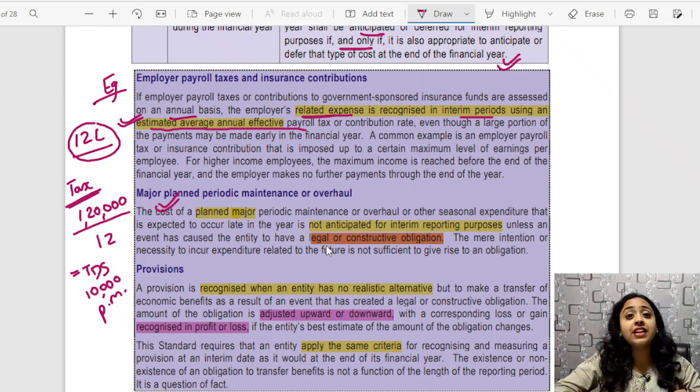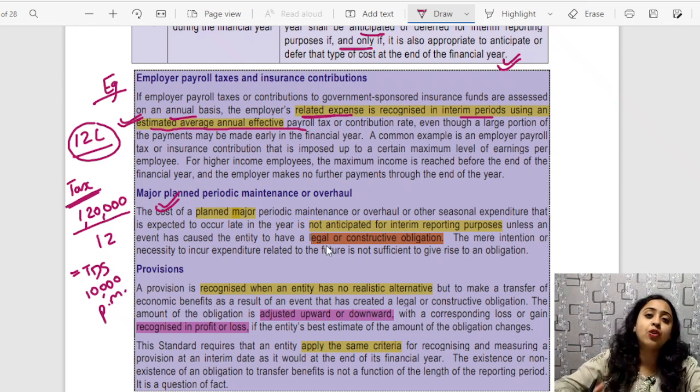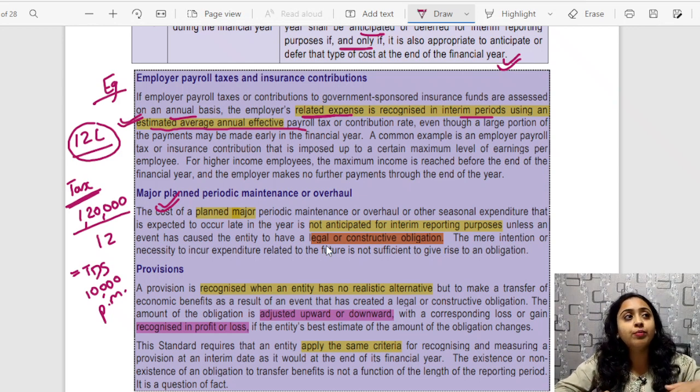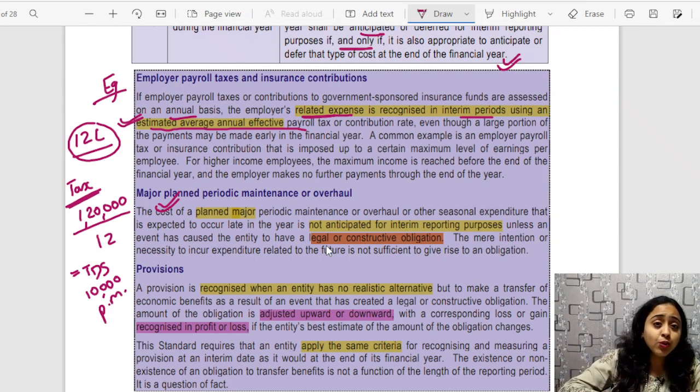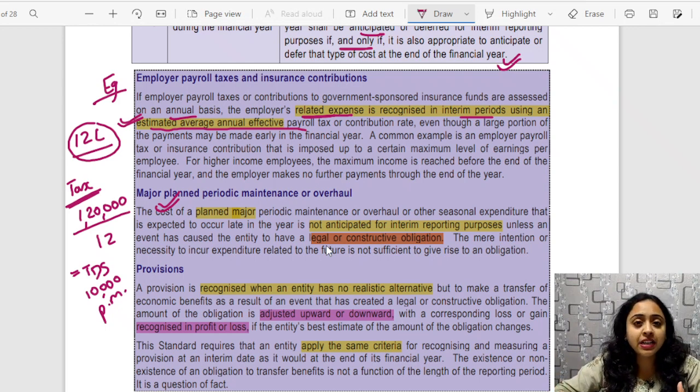Other than this, if an AMC contract, that is an annual maintenance contract, has been done, then it will be distributed throughout the year. Okay, if an AMC has been signed, that for the year you will be coming every month and checking, and the amount will be, for example, 1 lakh rupees, if the contract has been signed, then it is correct to record it month-wise, to spread it throughout the period for which the benefit is being received.